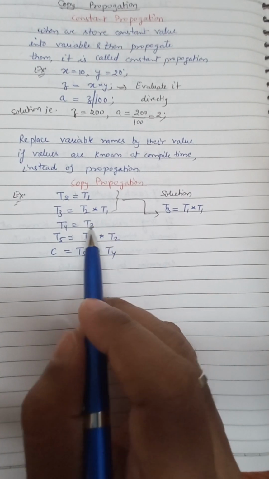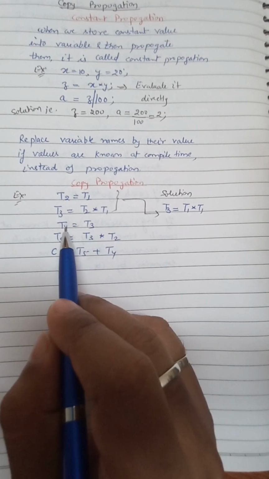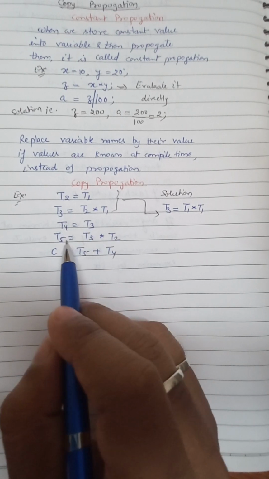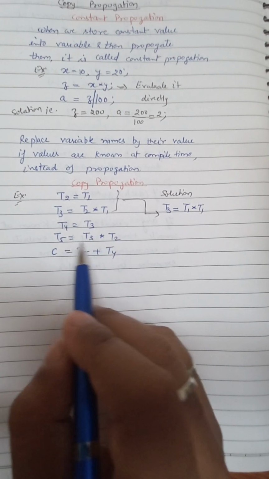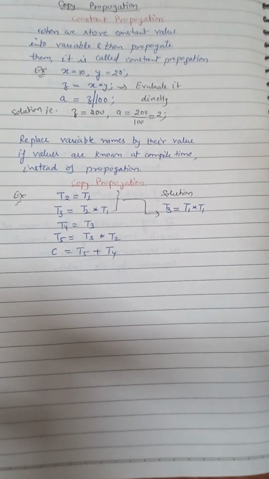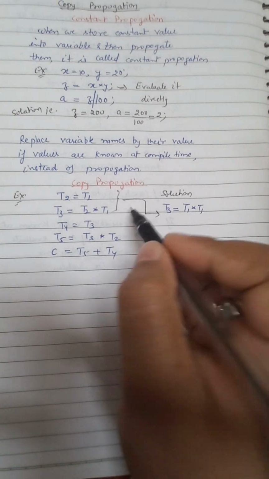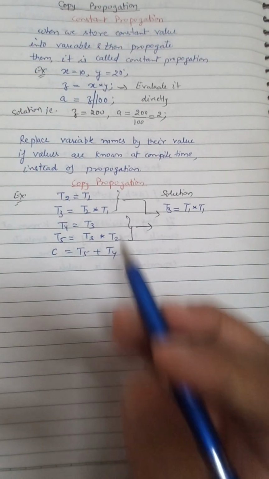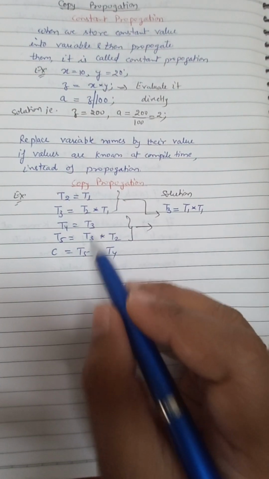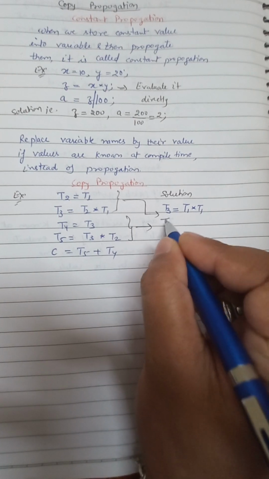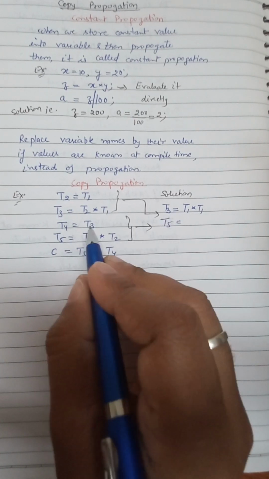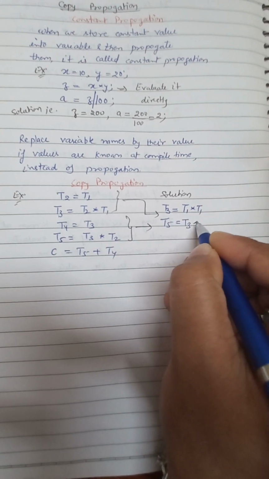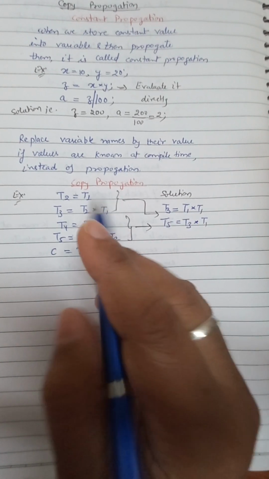Now again, I am assigning t3 value to t4. Again copy propagation, right? Then after that, I am writing t5 is equal to t3 into t2. So again, this is copy. Instead of these two lines, I can write t5 is equal to t3 into t1, because t2 and t1 both are same here.